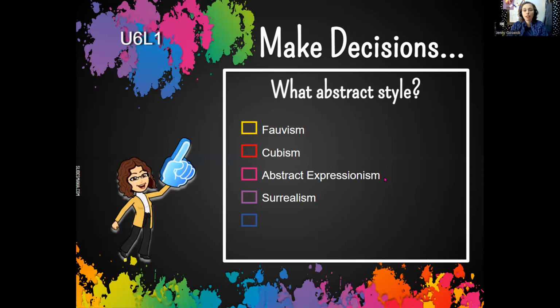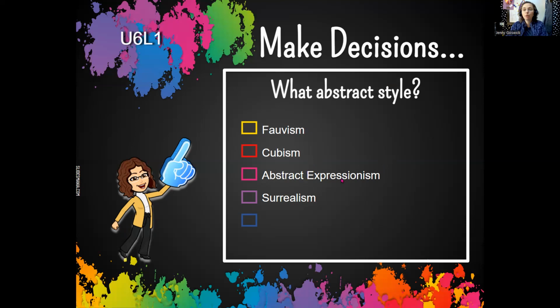Did you like the abstract expressionists that were all about expressing their own inner emotions? Or did you like the surrealists that like to take some idea of reality, but twist it a little bit with the subconscious to get a really fantasy style painting? So thinking about those different areas, what would you like to try to focus on?